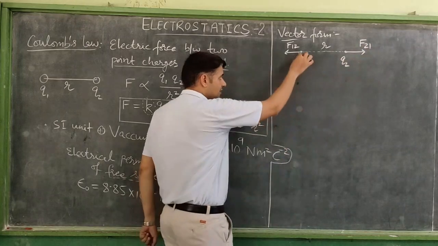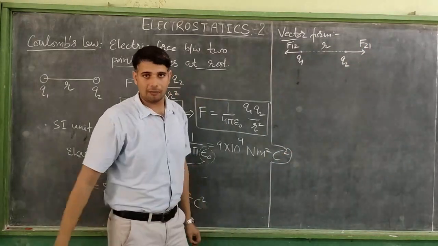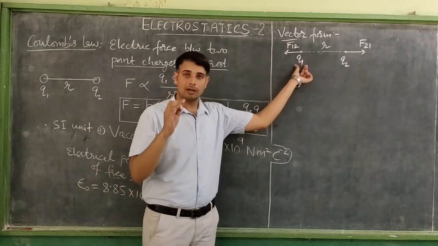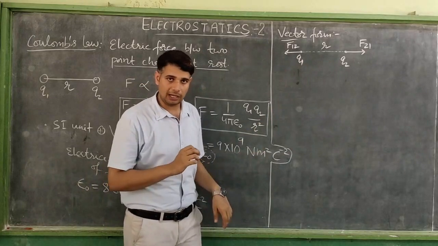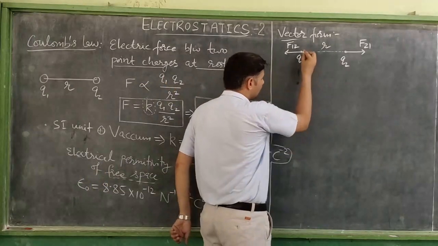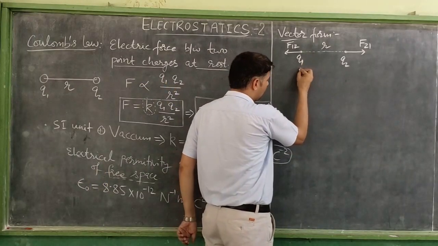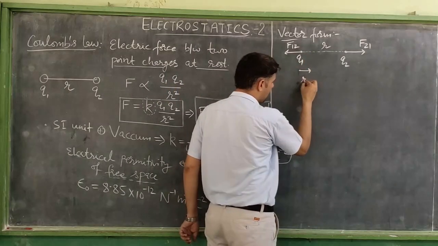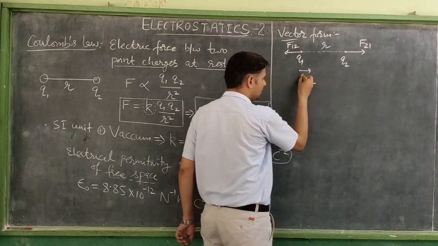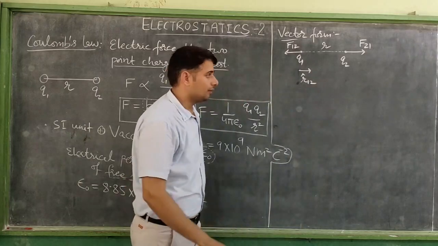Now, in 11th standard you must have studied that to mention the direction we use so-called unit vectors. So here also, this direction I am calling the R12 direction, so I have written R12 cap.